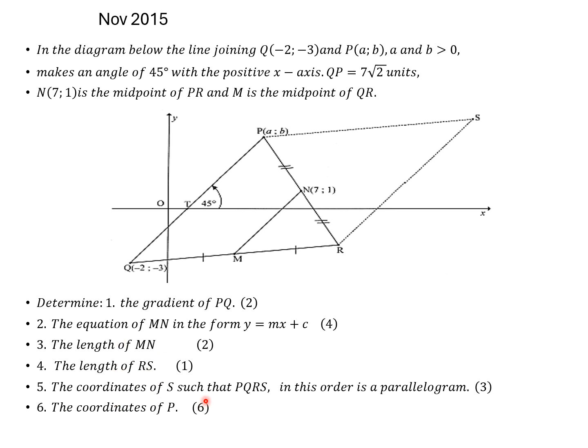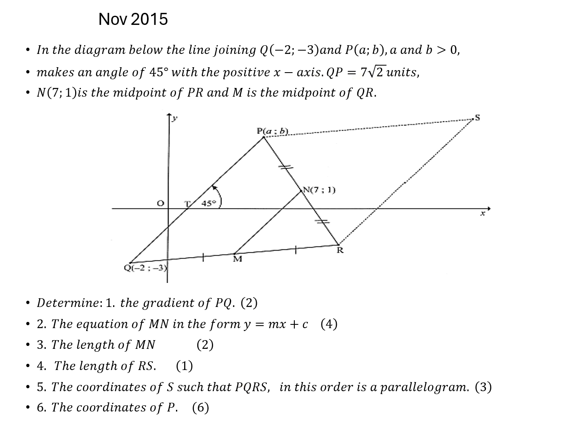They say the coordinates of S such that PQRS is a parallelogram, so RS must be the same length as PQ. Then we want the coordinates of P, the special problem, because now we have the gradient given and the length given, so I'm going to have to use those two to solve simultaneously.